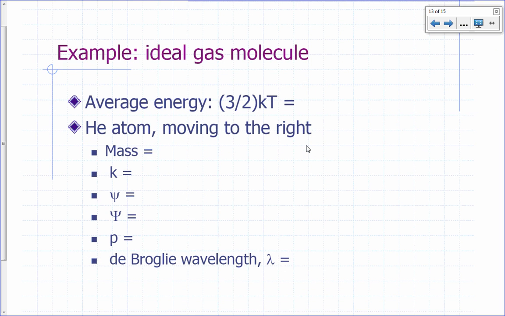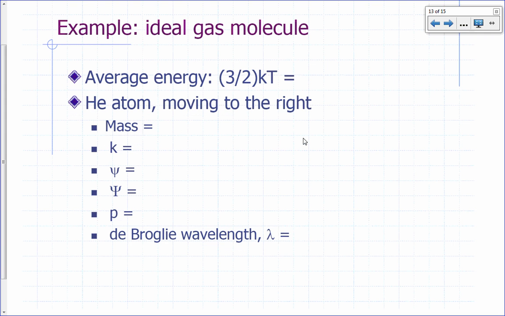All right. So let's take a look at an example. Let's say we apply this to an ideal gas molecule, a lone molecule, all alone by itself in the universe. Let's take the typical case where if you have a sample of an ideal gas, you'll learn that the average kinetic energy of the molecule is 3/2 kT.